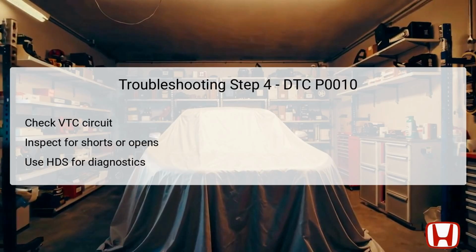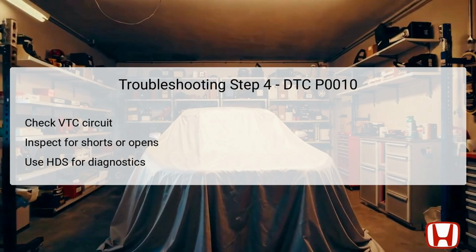The fourth troubleshooting step focuses on inspecting the VTC oil control solenoid circuit. Before inspecting, ensure that the appropriate connectors, specifically the PCM connector E and the VTC oil control solenoid connector, are disconnected.